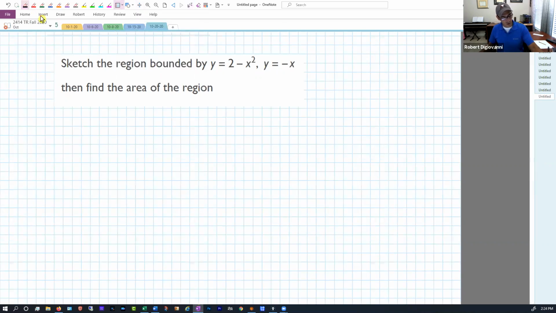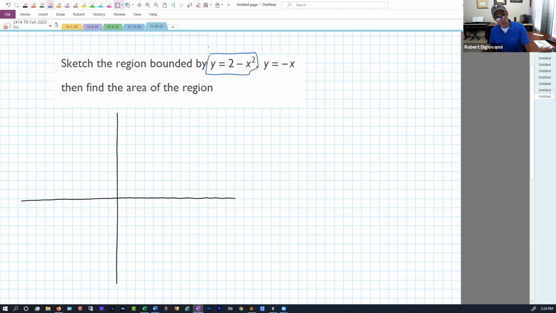Let me start out by drawing an x, y axis. I'm going to try and make this pretty big. First one, let's do in blue. 2 minus x squared, that's a parabola. It opens down because there's a negative in front of x squared. The 2 up front means we move it up 2. So if I go up 2, I draw a dot, and then my parabola opens down. I'm going to be pretty relaxed about how I draw this.